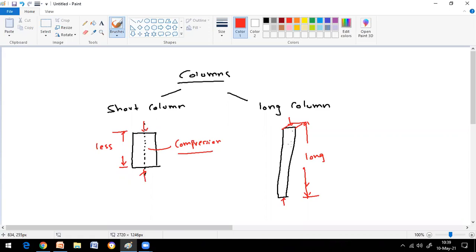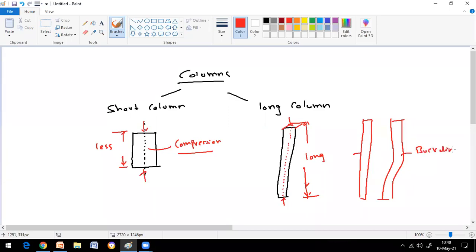But here, as the column is very long, what happens? You may not be able to transfer the load exactly to the center of the section. Instead of compression, there is a possibility of long columns buckling also.